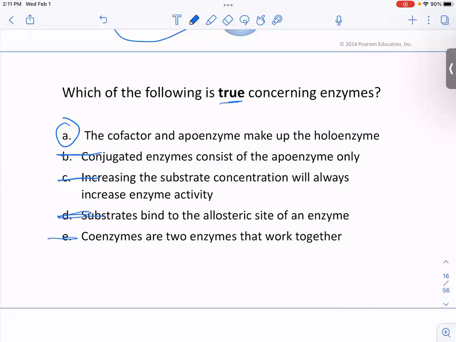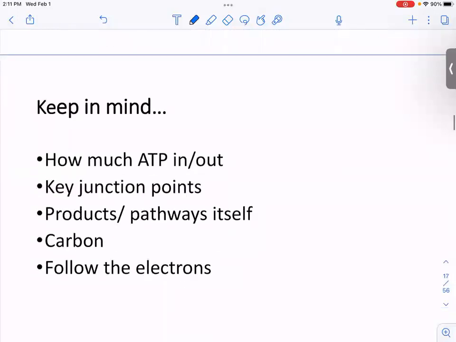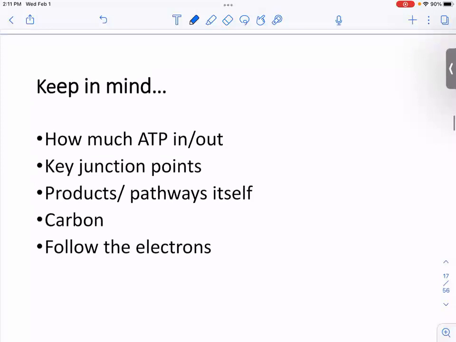Okay, so as we get into some pathways, here are things I'm going to pay particular attention to, and I tried to make these clear on the objectives, as clear as I can, about what level we're going to try to learn these things. We're going to pay particular attention to whether in a pathway you have to put in some ATP and whether you get ATP out or not.